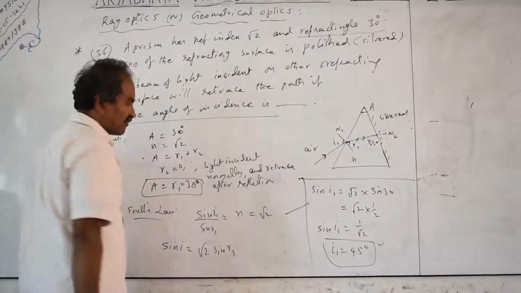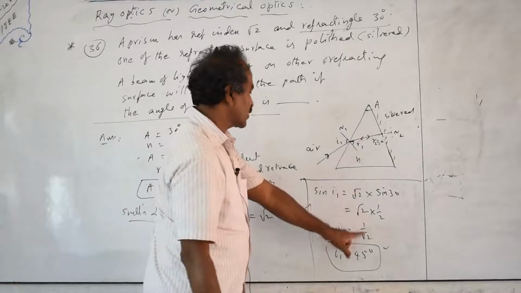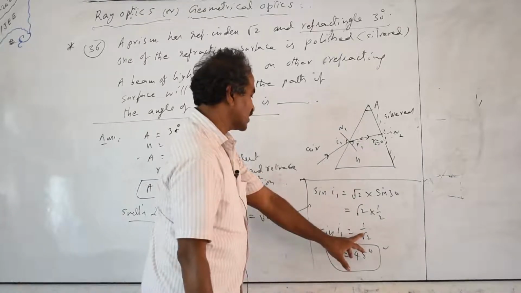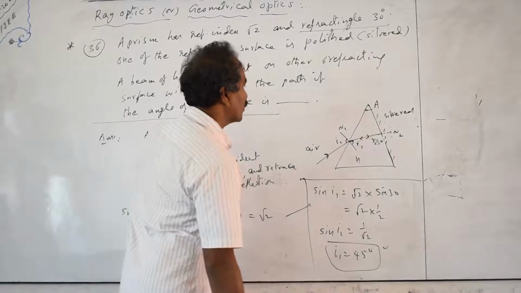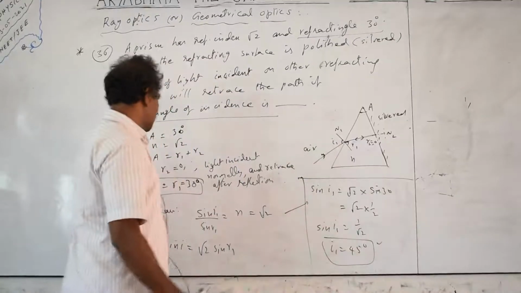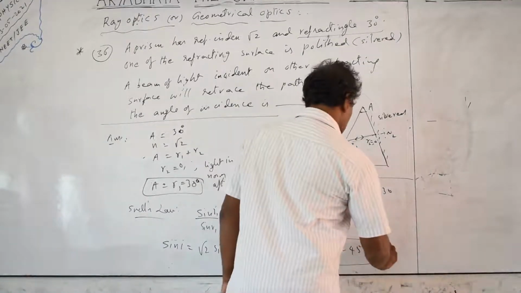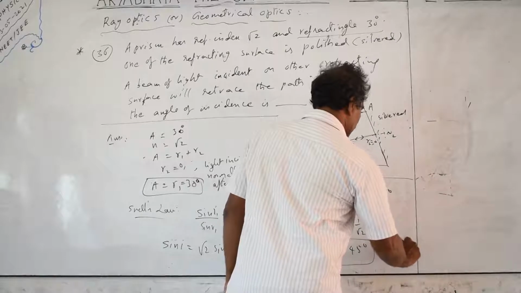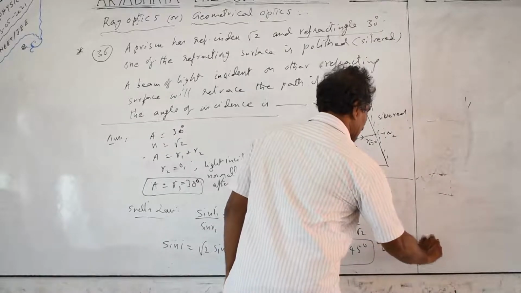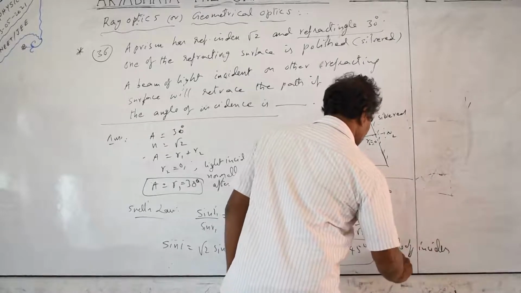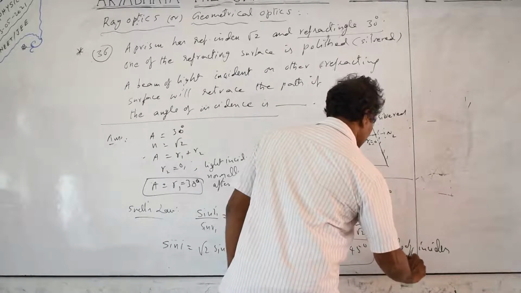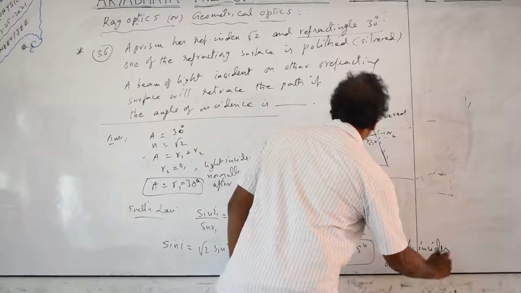Sin 30 is half, so √2 into half is nothing but 1 by √2. Sin I1 is 1 by √2 means I1 is equal to 45 degrees, that is the angle of incidence on the first refracting surface.